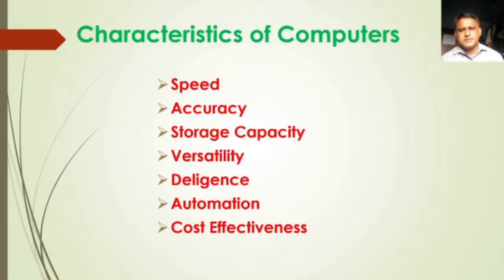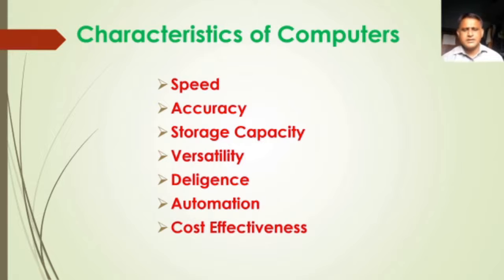The speed of computers can also be measured in terms of KIPS and MIPS: kilo instructions per second or million instructions per second. Several kilo or million instructions can be performed in a second. That is how the computer processes data at that speed.